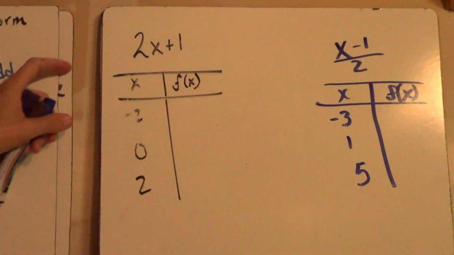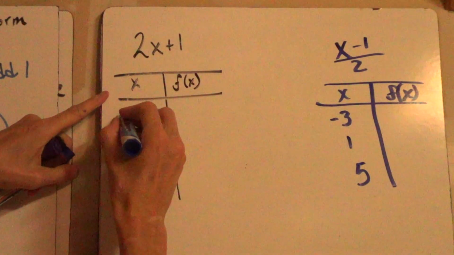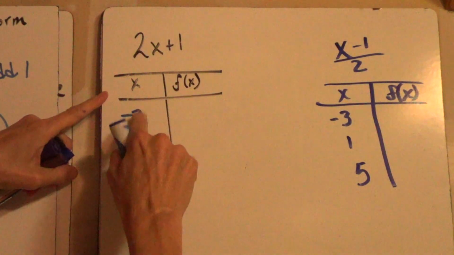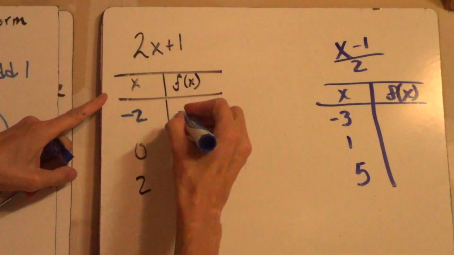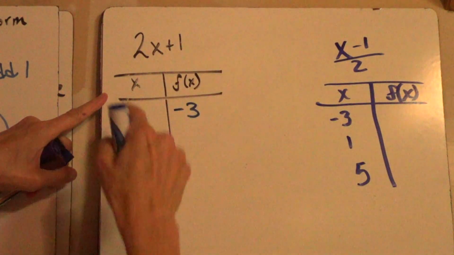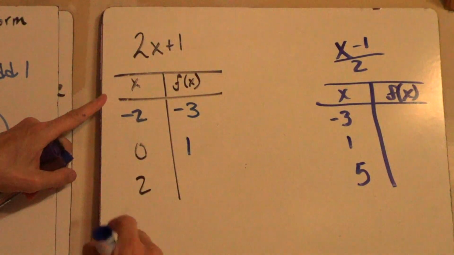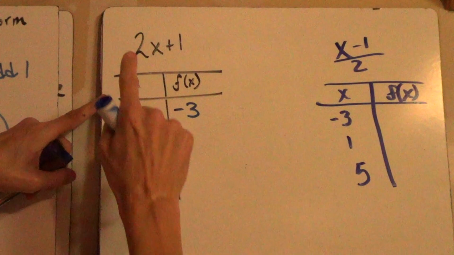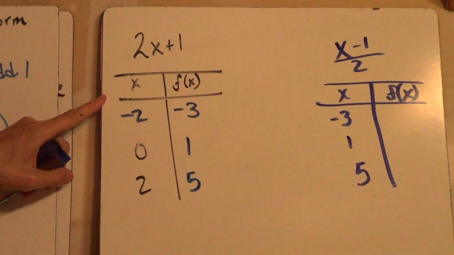Okay, now here's the cool thing about these. We just found out that these are inverses. Watch what happens. If I plug in negative 2, negative 2 times 2 is negative 4, plus 1 is negative 3. 0 times 2 is 0, plus 1 is 1. 2 times 2 is 4, plus 1 is 5. Okay?